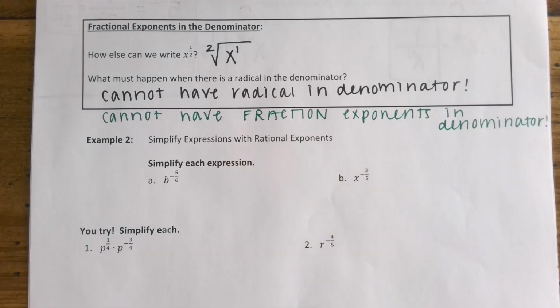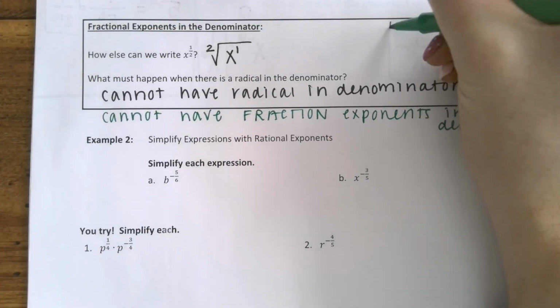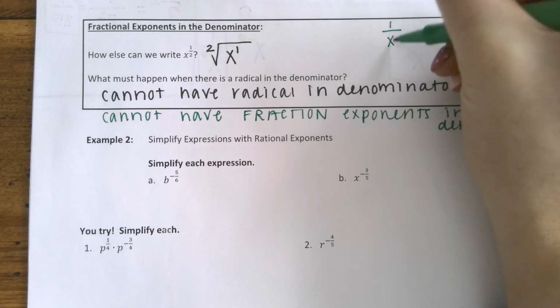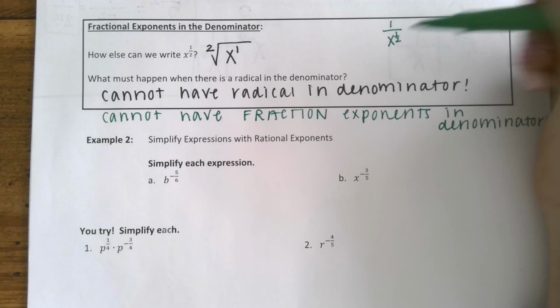Okay, so for example, if I do a problem and I get something that says 1/x to the 1/2, that's a no-go. That fraction exponent is in the denominator, so I could not have this.